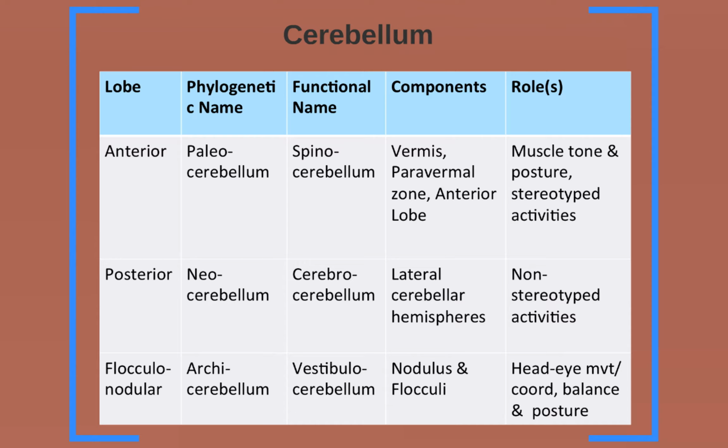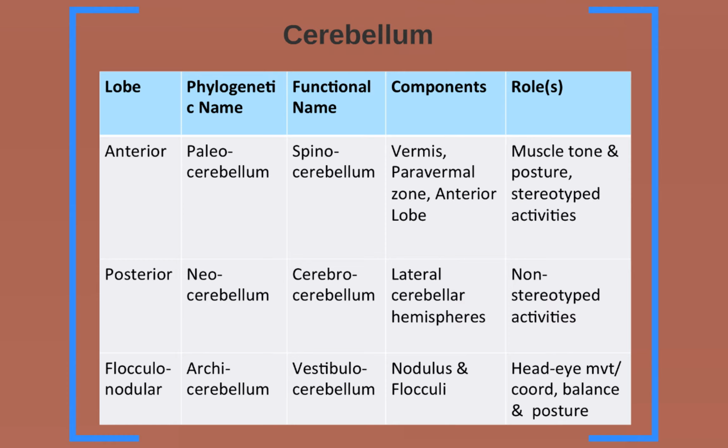However, the posterior lobe, which is better known as the cerebrocerebellum, is what's carrying information from the cerebral cortex to and from the cerebellum. Now, this is going to have a major role in non-stereotyped activities. These non-stereotyped activities are obviously requiring information from the cerebral cortex.